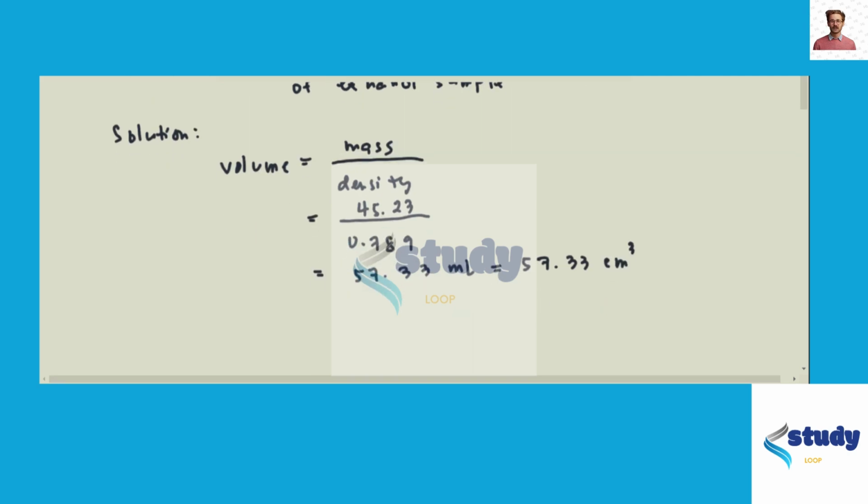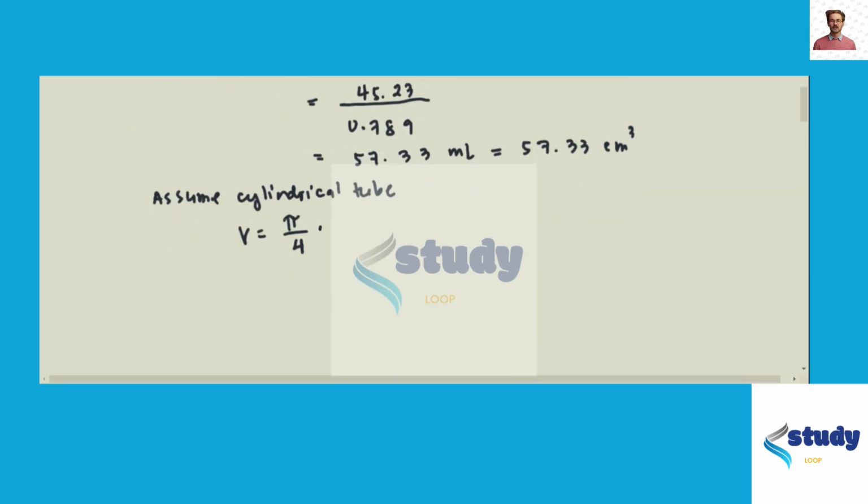centimeters. Now the tube is assumed to be cylindrical, so we solve for the volume using this volume of a cylinder, which is pi over 4 times the diameter square times the height.